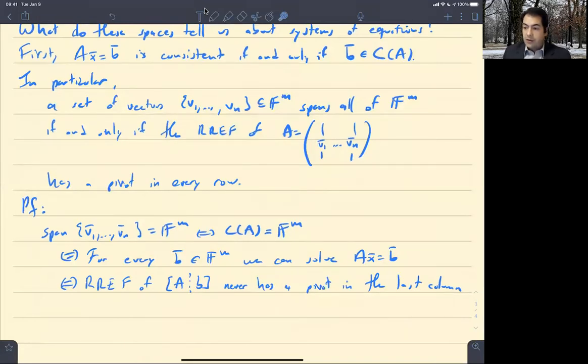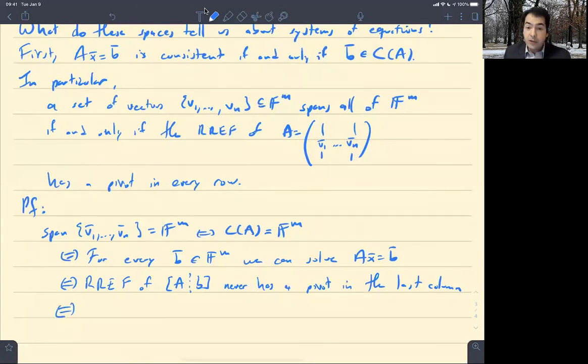Now the only way you can guarantee that no matter what you put in this column, the reduced row echelon form does not have a pivot in it, is if every row already has a pivot without using B, because each row has at most one pivot. That way you're guaranteed that no matter what you put here, it will not get a pivot when you go to the reduced row echelon form.